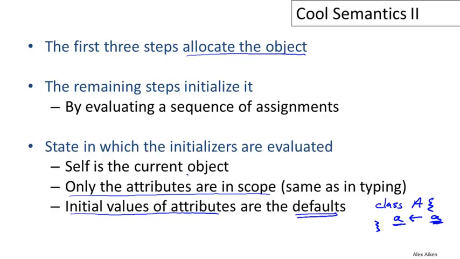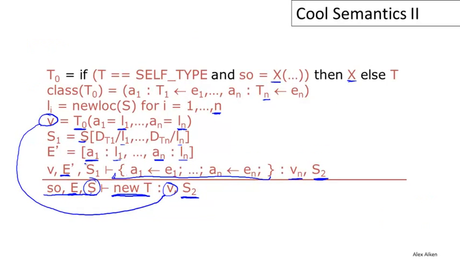All right, and the last point here is that notice that in the initialization of an object, self is the object itself. And what do I mean by that? I forgot to mention this on the previous slide. Just flipping back to that slide for a moment, notice here that in the evaluation of the initializers, what is the context?